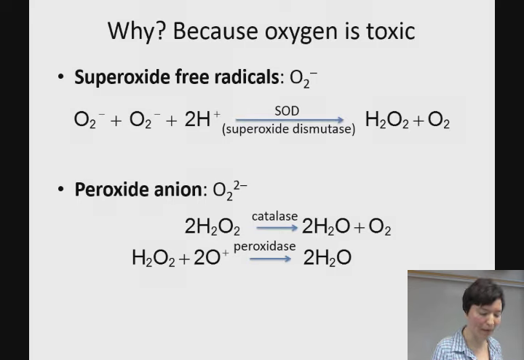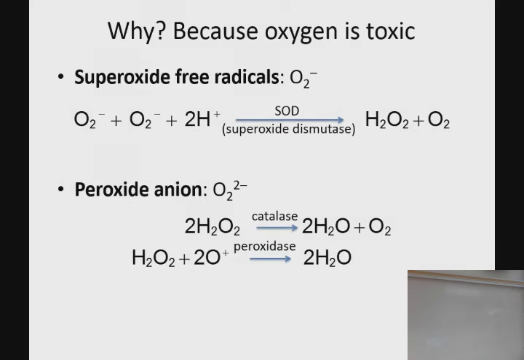So if you're a microbe that is living in an oxygenated world, do you think that you're going to have one or more of these enzymes? Yes, no, maybe? The answer is yes. If you live in an oxygenated world, you're going to have at least one of these. You're going to definitely have this one.